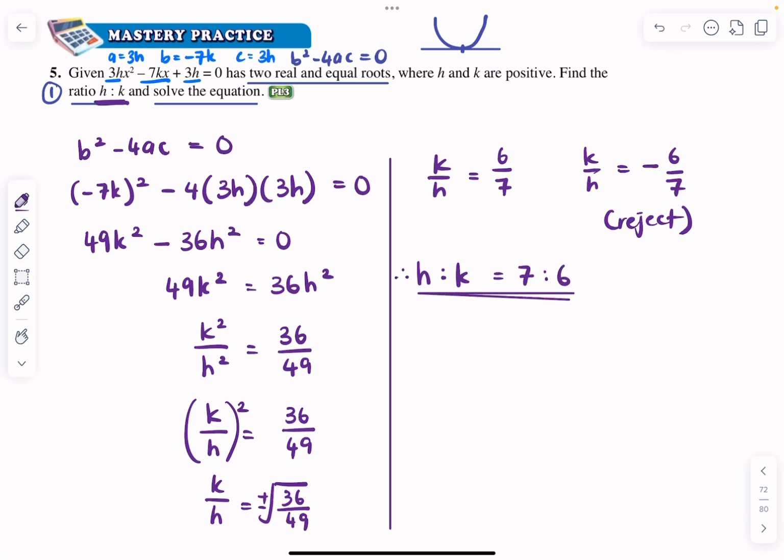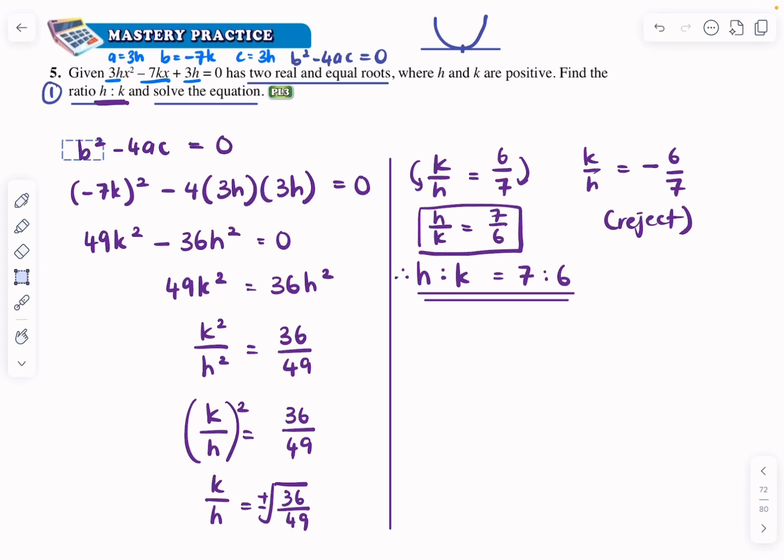Done. So this is the ratio of h to k, right? So whenever you want to find ratio, you can just do fractions. So h over k, you just flip it. Will be 7 over 6 like this.